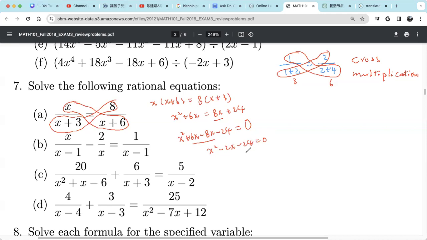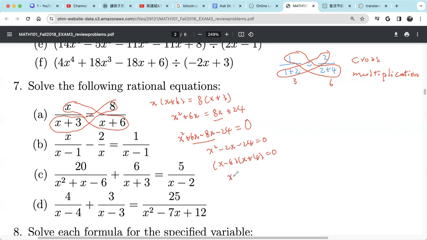Now we need two factors of negative 24 that add up to negative 2. Well, that should be negative 6 and positive 4, because negative 6 times positive 4 is negative 24, and negative 6 plus 4 is negative 2. That's how we got this middle term.